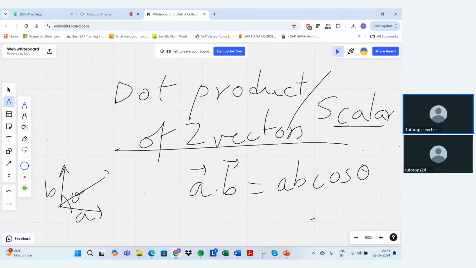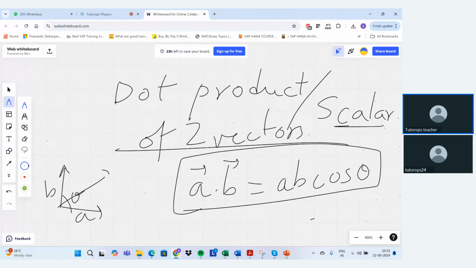Okay, so always remember this is my dot product or scalar product of two vectors. And for the dot product, there are two properties we will learn.